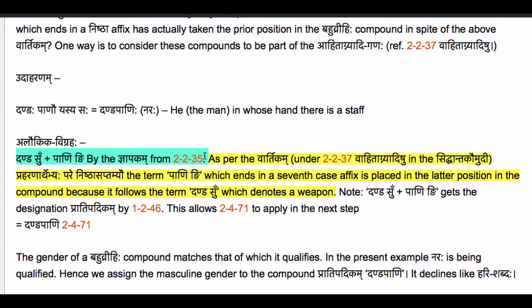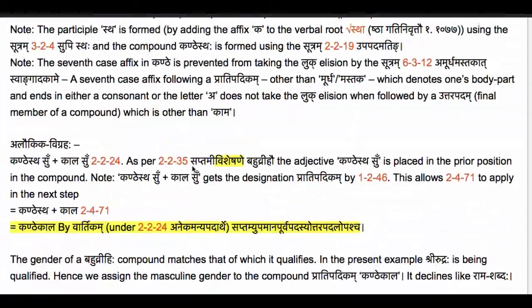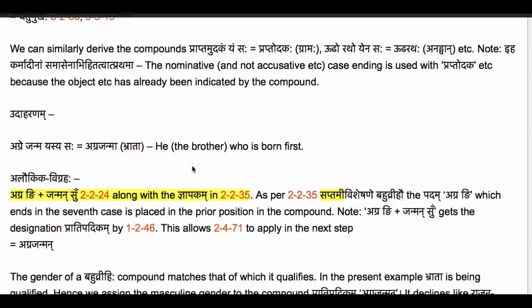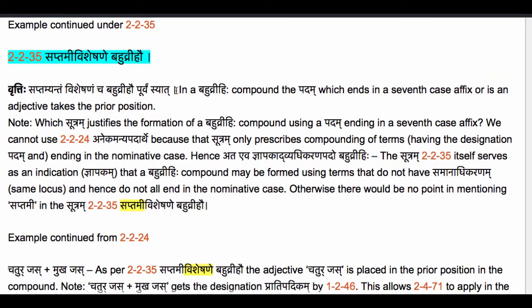But recall that we have seen the jnapakam, the indication given by Panini in the sutram 2-2-35 saptami visheshane bahuvrihau. When we studied that sutram, we asked the question, which sutram justifies the formation of a bahuvrihi compound using a padam ending in a seventh case affix? We cannot use 2-2-24 anekamanyapadarthe because that sutram only prescribes compounding of terms having the designation padam and ending in the nominative case.